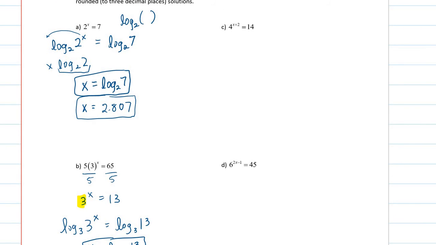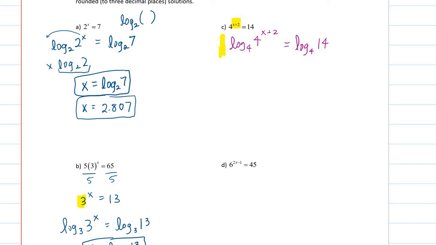For example C, again, the variable is part of the exponent. So because of that, we need to get the variable out of the exponent. How do you get the variable out of the exponent? You take the log of both sides. We're going to take log base 4 because 4 is our base. So if we take log base 4 of 4 to the x plus 2, that's going to equal log base 4 of 14.